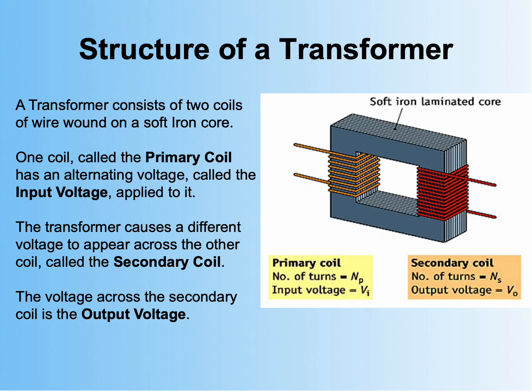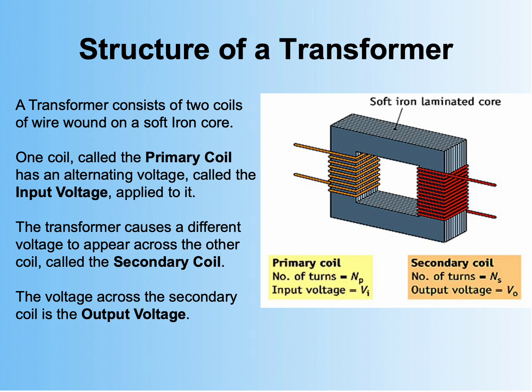If we look at the structure of a transformer, then the picture on the right here is a soft laminated iron core. It's a square or a rectangular shape, and on either side of it there's coils of wire wrapped around it. So we call the left hand side there the primary side, we call the right hand side the secondary side.